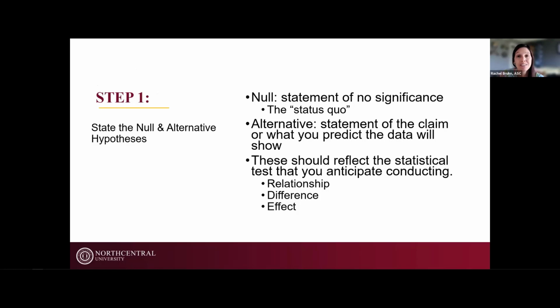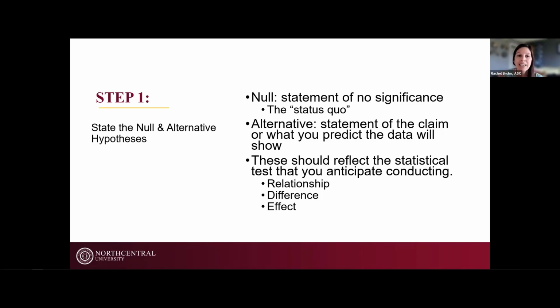So the first step in hypothesis testing is to state the null and alternative hypotheses. Now, most of us probably learned about hypotheses in like middle school when we were learning in science class about like the scientific method. And we were only taught about one hypothesis, and that was your prediction or your educated guess about what the results were going to be.